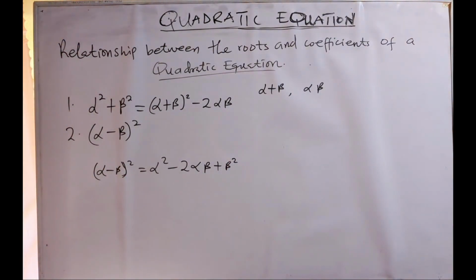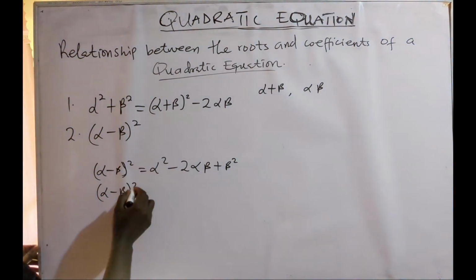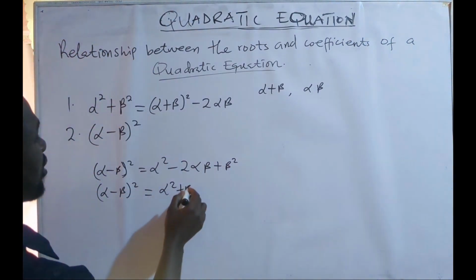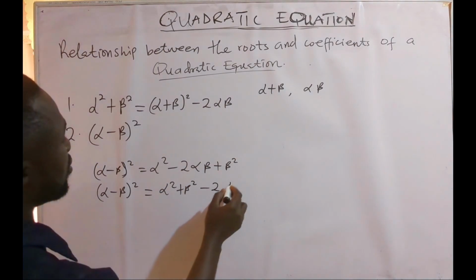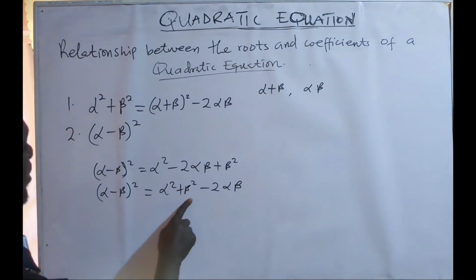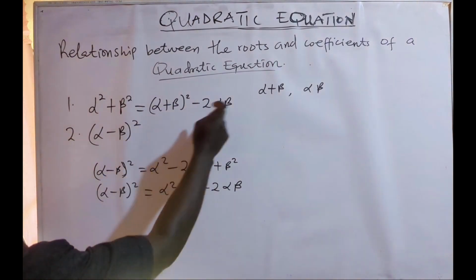So my (alpha minus beta) all squared is going to give me alpha squared plus beta squared minus 2 alpha beta. But alpha squared plus beta squared is (alpha plus beta) all squared minus 2 alpha beta.